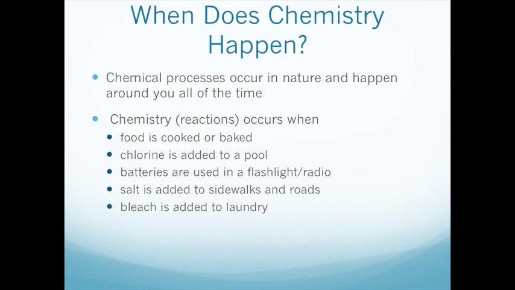When you add chlorine to a pool, a chemical reaction happens. Batteries run on chemical reactions to produce electricity. The process of salt keeping the ice off of sidewalks is a chemical reaction between salt and water. And bleach removes stains from clothing via chemical reactions.